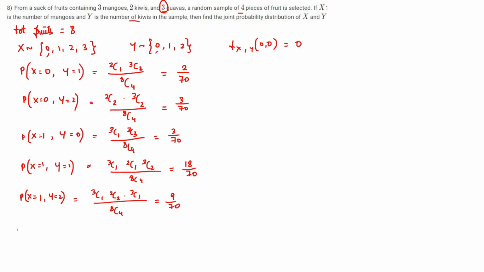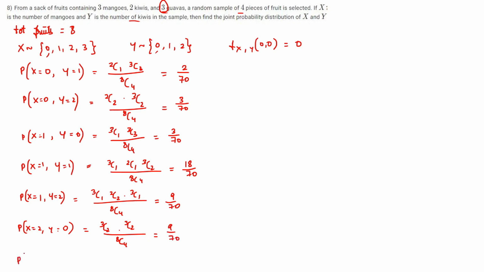Okay, the next one, P of X equal to 2 and Y equal to 0, and that is equal to 3C2 into 3C2. So the first one is for the mangoes, the second one is for the guavas. Divided by 8C4 is equal to, again, 9 by 70.